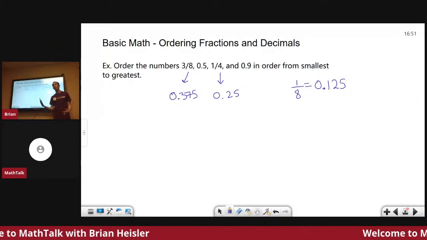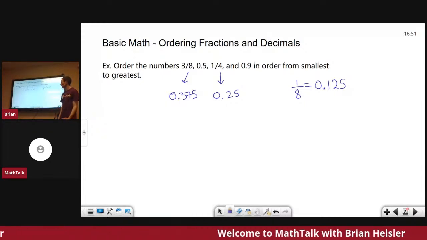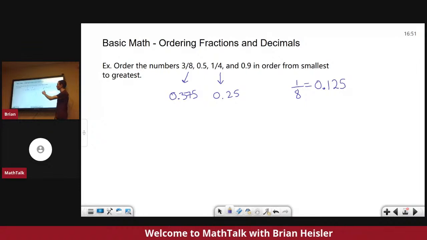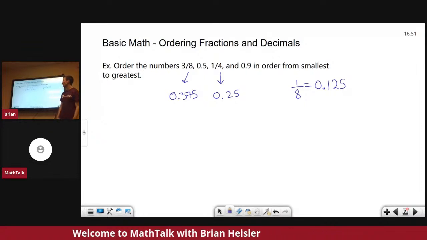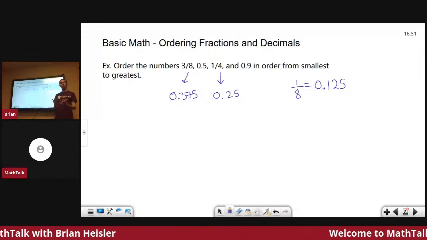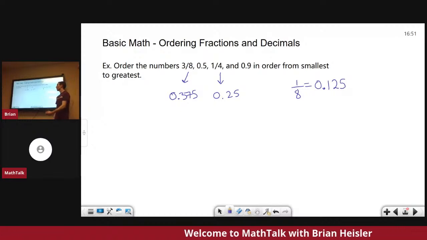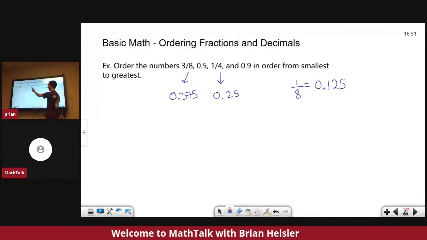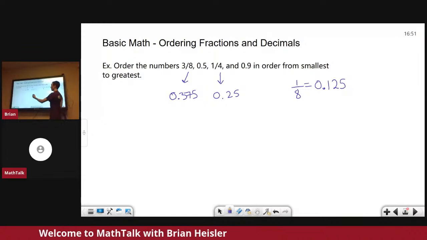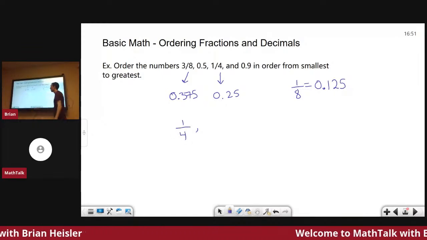It's easier for me to order these from smallest to greatest. And so let's do that. The smallest of these 4 numbers is 0.25. Really what I'm doing here is looking at the first digit after the decimal point to start my comparison. Between 2, 3, 5, and 9, the smallest is 2, so my smallest value is a fourth.